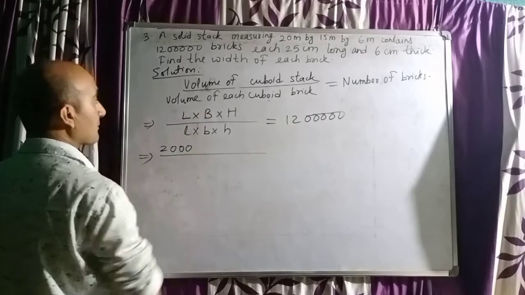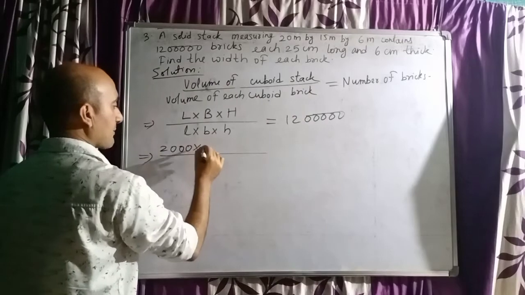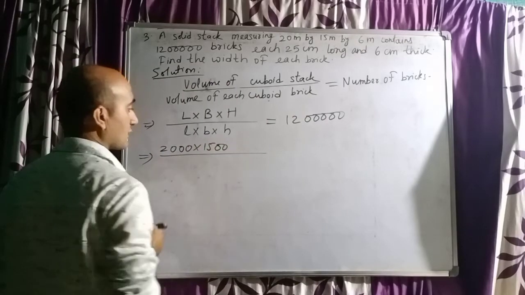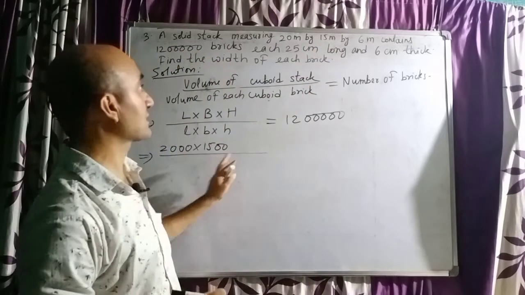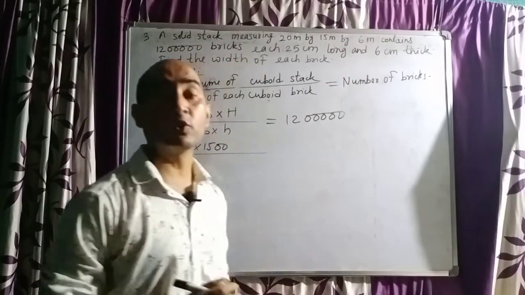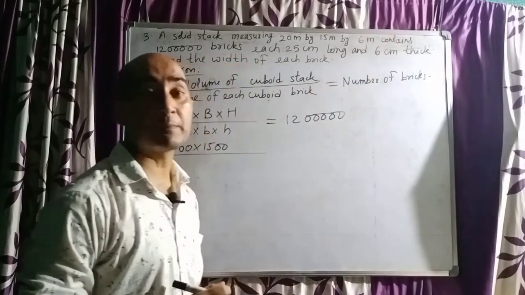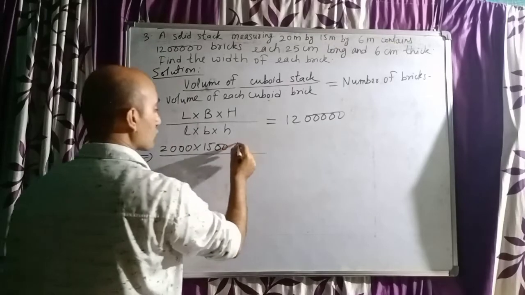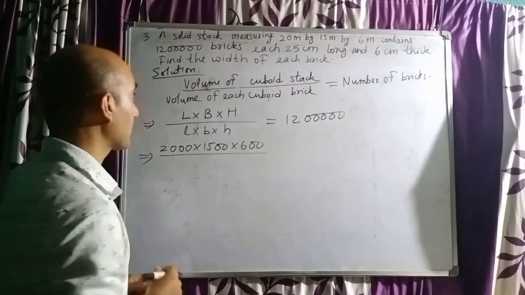So our length will become now 2000. Now 15 meter, if you multiply by 100, we will get two more zeros, so it will become 1500 centimeter. That means I am converting all the units into centimeter. And 6 meter also, if you multiply by 100, it will gain two more zeros and become 600 centimeter.